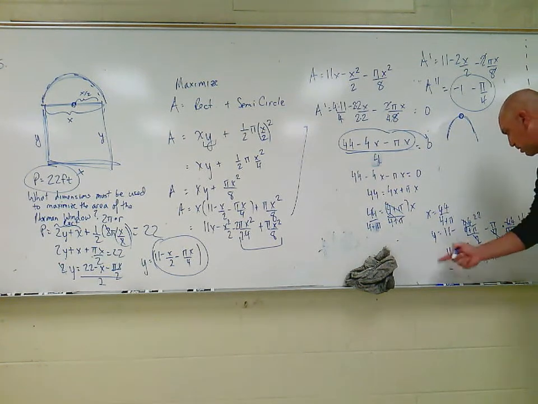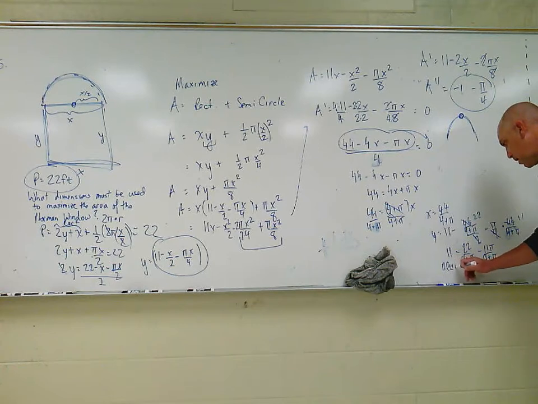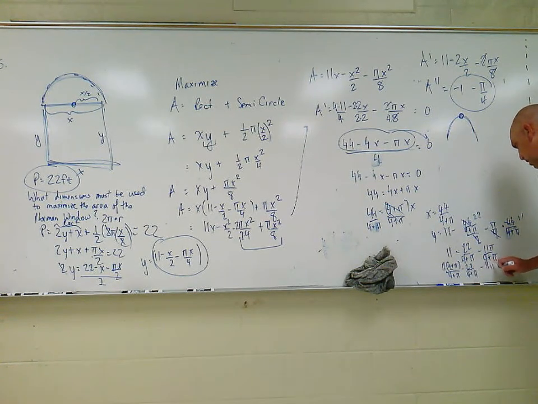You can catch up to this later. So for y, I got 11 times 4 plus pi over 4 plus pi, minus 22 over 4 plus pi, minus 11 pi over 4 plus pi.